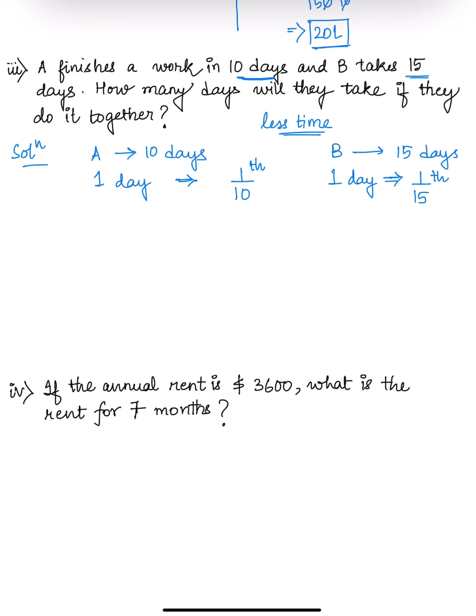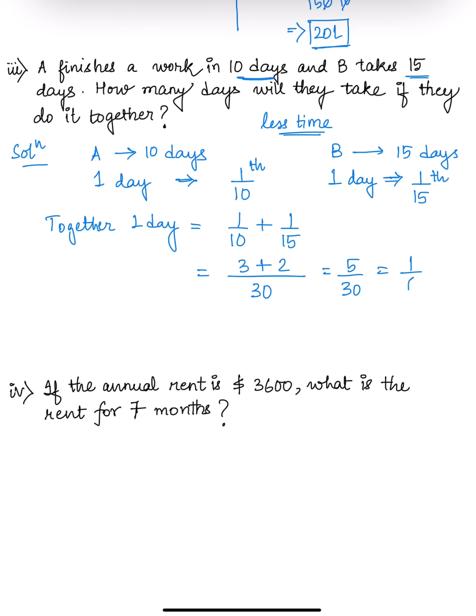Now together, in 1 day, how much work will they do? 1/10 plus 1/15. When we need to add it, we need to find the common denominator. So for that, it is 3 plus 2, so this is 5/30 and this is 1/6.